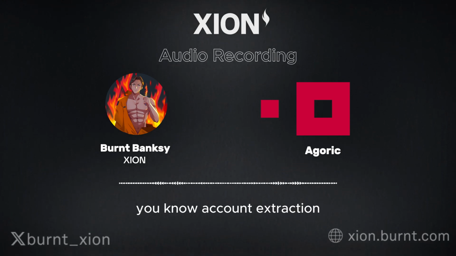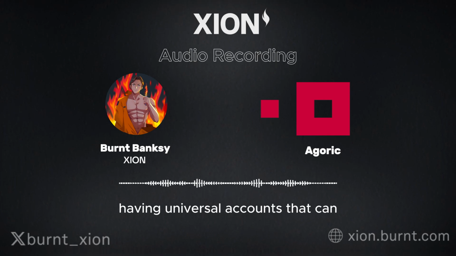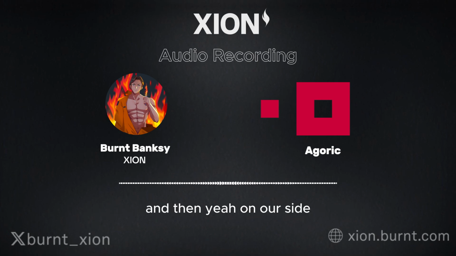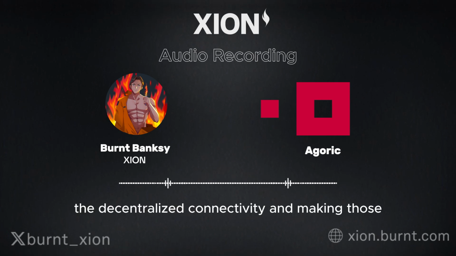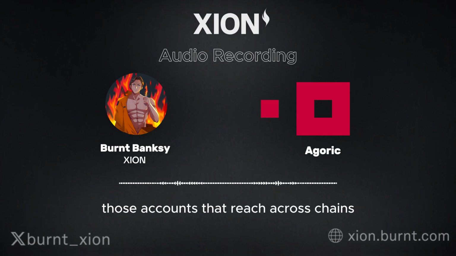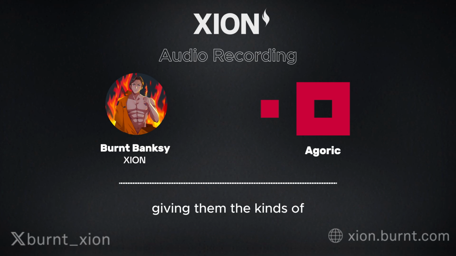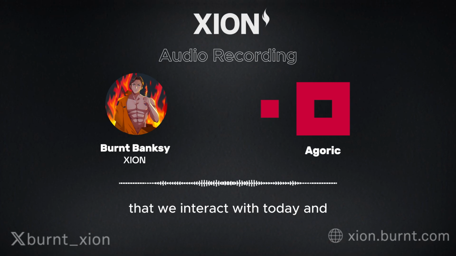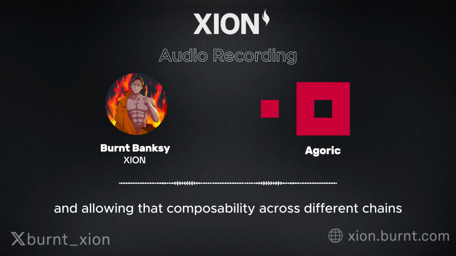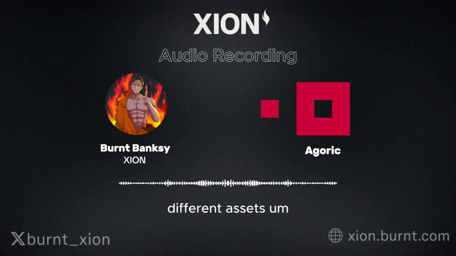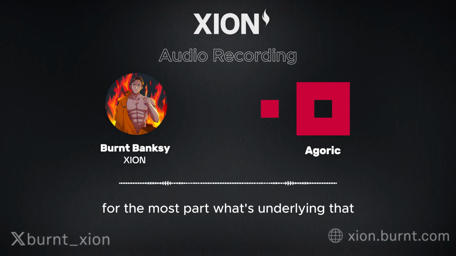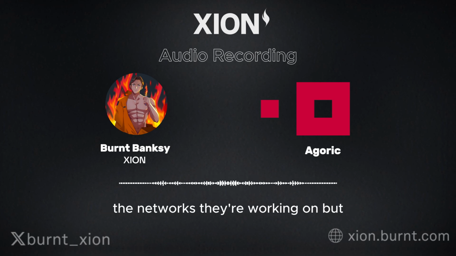Account abstraction, having universal accounts that can reach across chains, and the user doesn't necessarily need to know what's happening underneath. And then on our side, it's about the decentralized connectivity and making those accounts that reach across chains, giving them the kinds of capabilities that feel like the same app on the same chain that we interact with today, and allowing that composability across different chains, different assets, in a space where the user shouldn't really have to know, for the most part, what's underlying the networks they're working on.